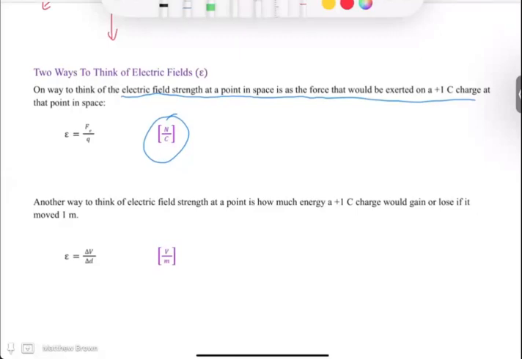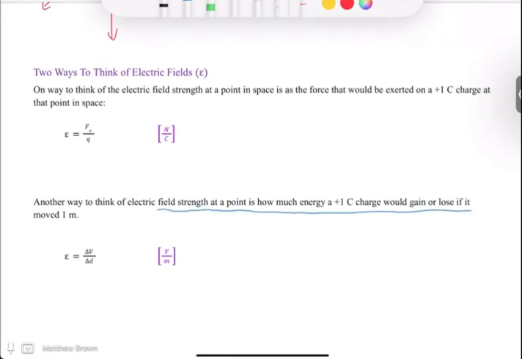But now we could also look at it a different way. We could look at it as the electric field strength at a point is how much energy a plus 1 Coulomb charge would gain or lose if it moved 1 meter, right? And that's also consistent with the units here. You could look at this as volts per meter.